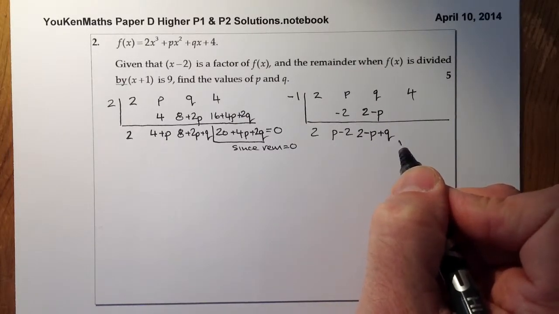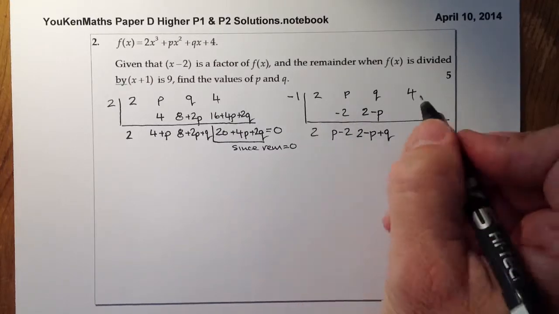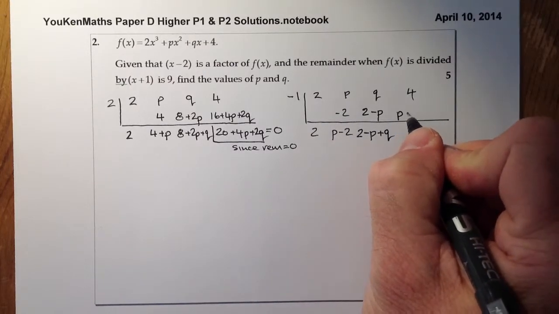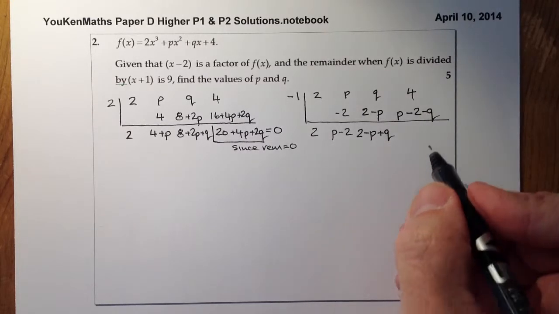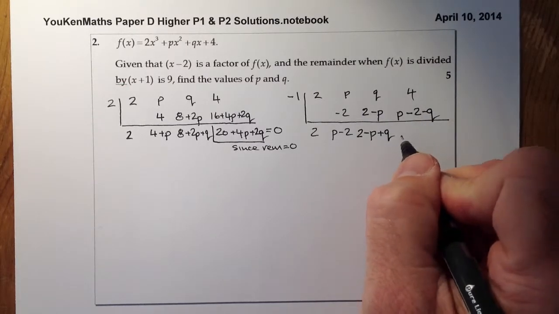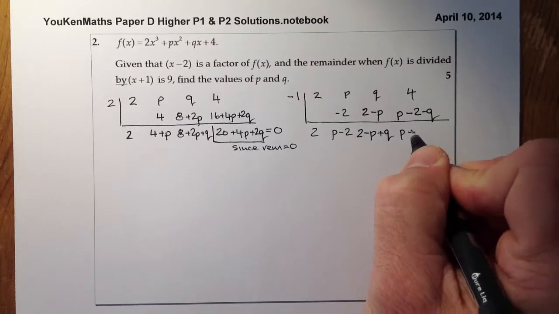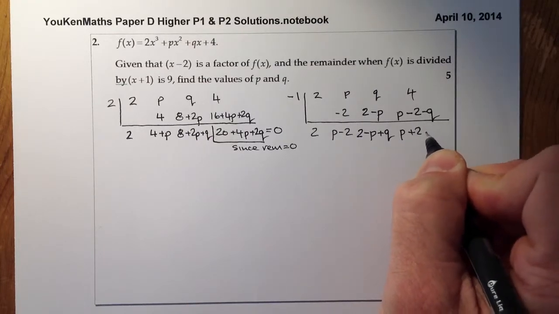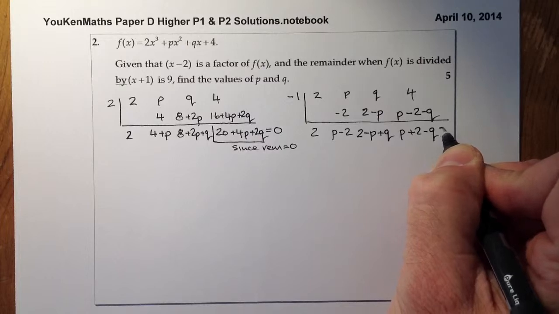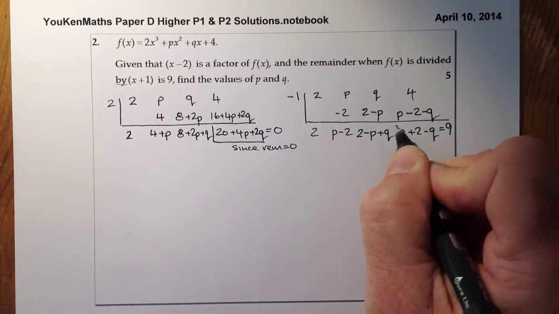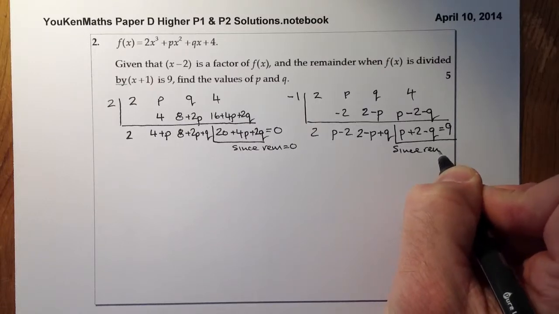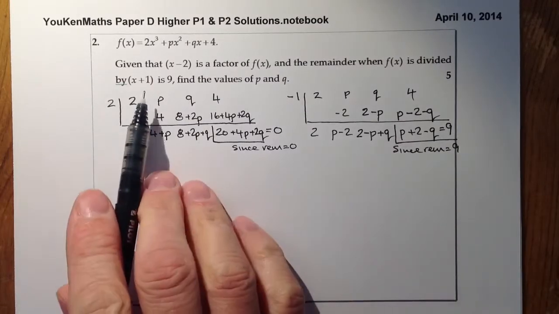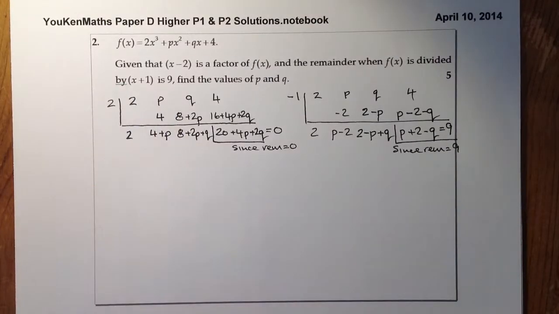I'll then multiply by the minus 1 again, so that gives me minus 2 minus q, and then gathering these up gives me p plus 2 minus q, and remember that's going to be equal to 9, since the remainder equals 9, as given by this part of the question.